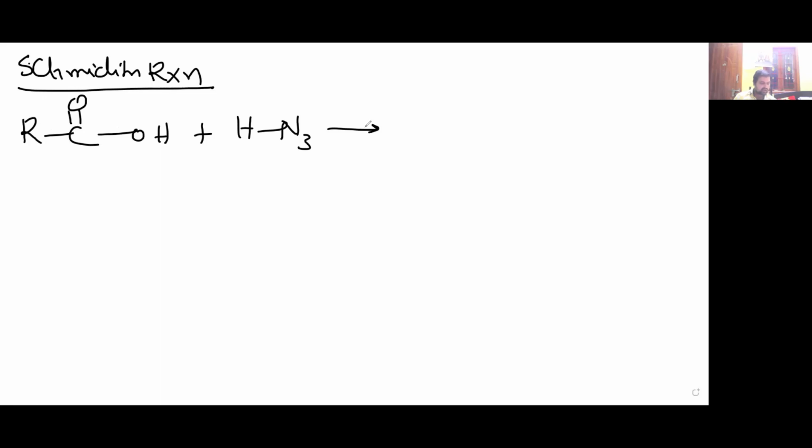This hydrazoic acid on reaction with carboxylic acid, more strong acidic. Then what is the part eliminated? Water is eliminated. Then you are going to get RC double bond O, N, N3. Yes, RC double bond O, N, N3. You write it like this. The original structure I will write N3. You write it like this.